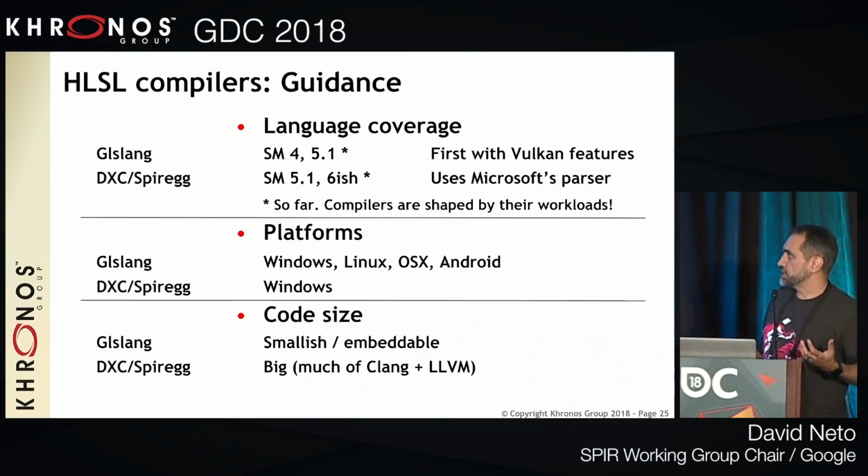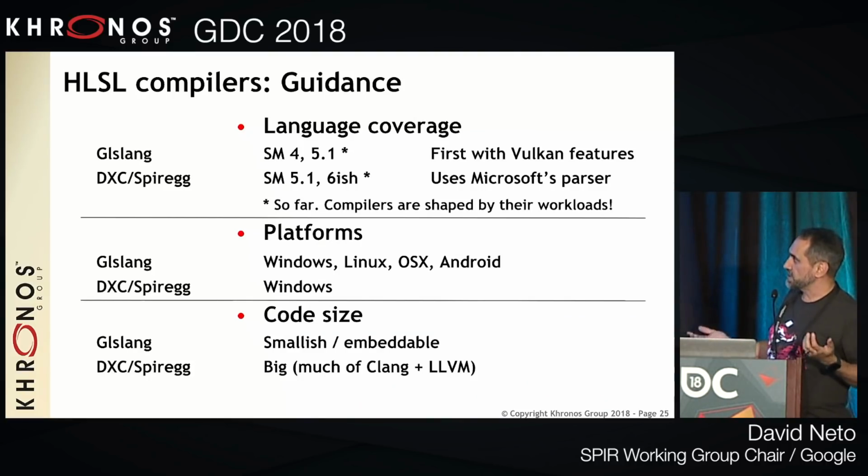In terms of language coverage, these are both open source compilers. HLSL does not have a spec, so the compiler is going to support whatever the contributors to that code are trying to run through their flows. If one company has an engine which produces all sorts of HLSL that looks a certain way, that's going to work through that flow.